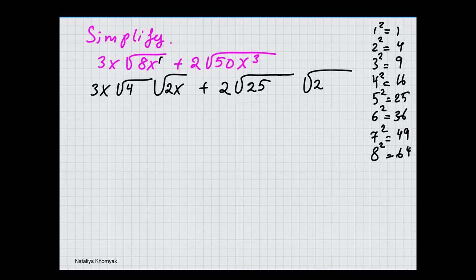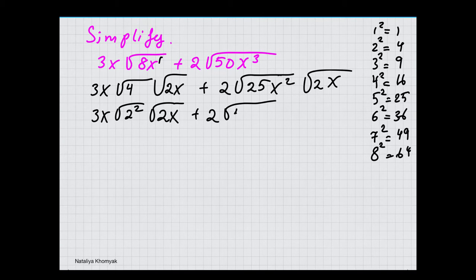Largest perfect square that will go into x to the 3 will be x to the second times x. So this will be 3x times square root of 2 to the second radical 2x plus 2 times square root of 5 to the second x to the second radical 2x.